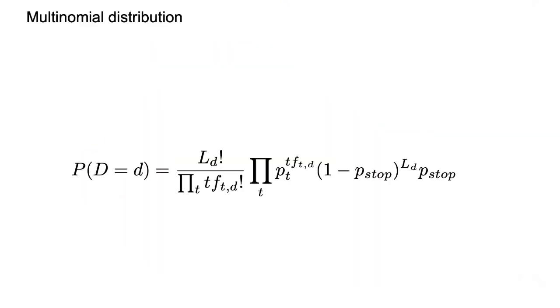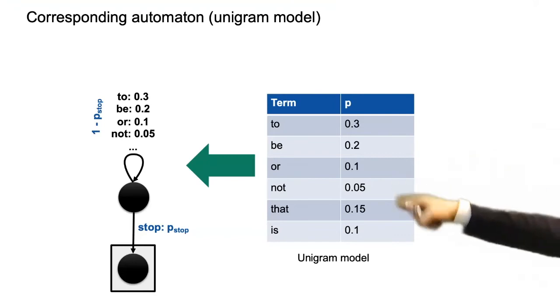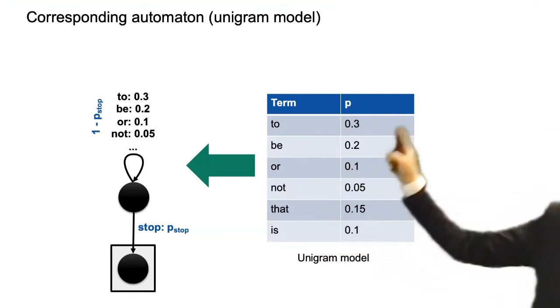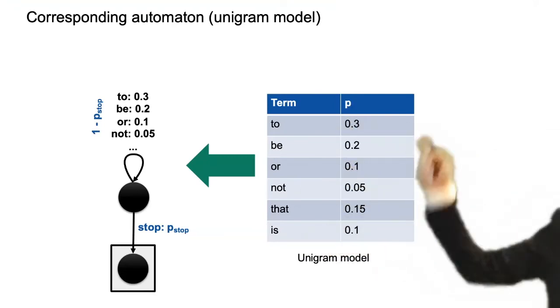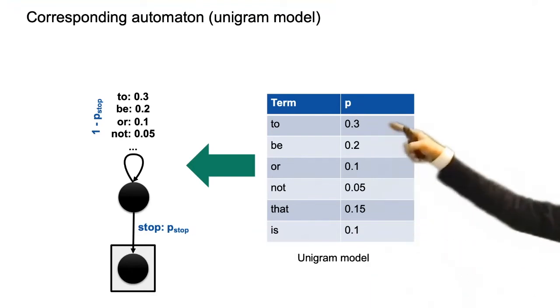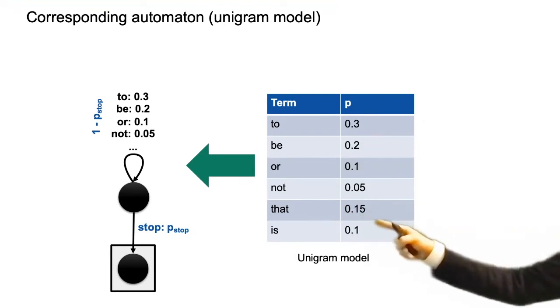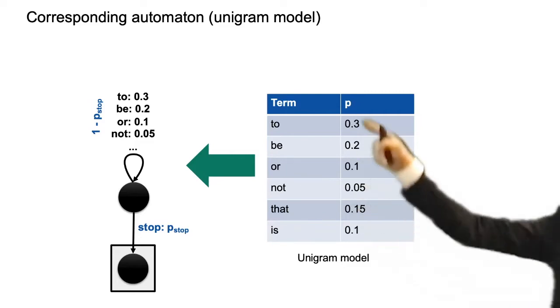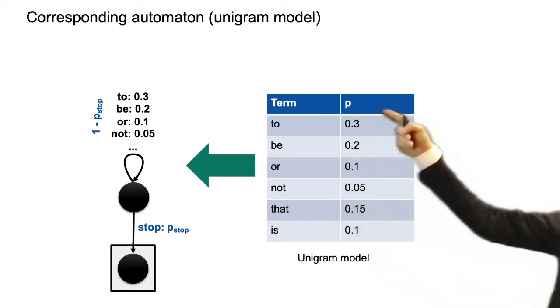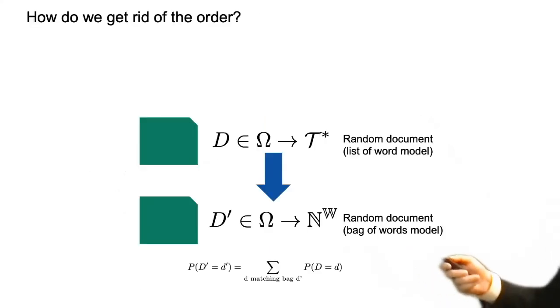For example, in the case of the unigram, all you need to do is count the term frequencies and divide by the number of terms. That's called the maximum likelihood model. Based on the term frequencies, you deduce the probabilities. Is that clear? You just count the number of terms in the book and renormalize to 1, and that gives you the probabilities. So this is unigram.